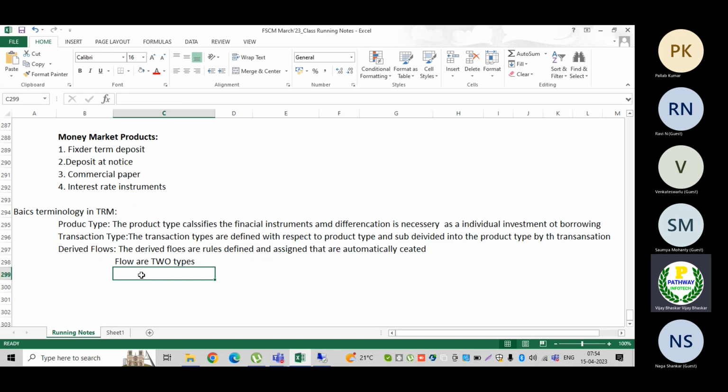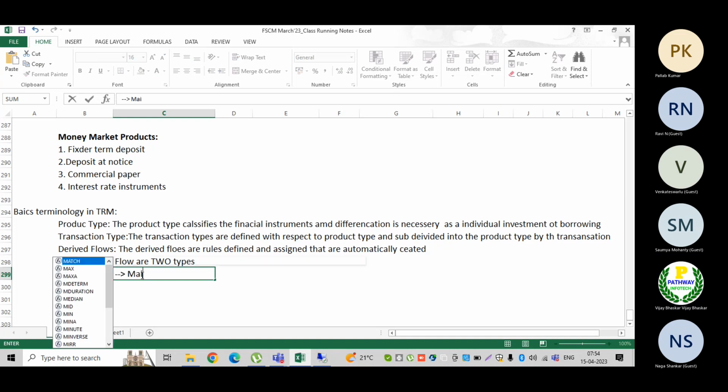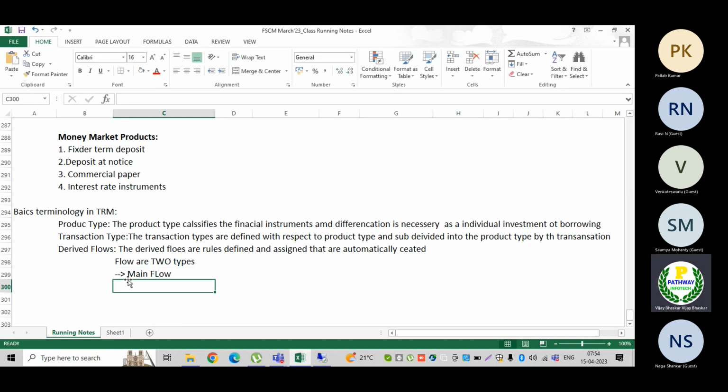One is the main flow, and the second one is the derived flow. So what is the difference between main flow and derived flow? The derived flows will always be created with reference to the main flows only.